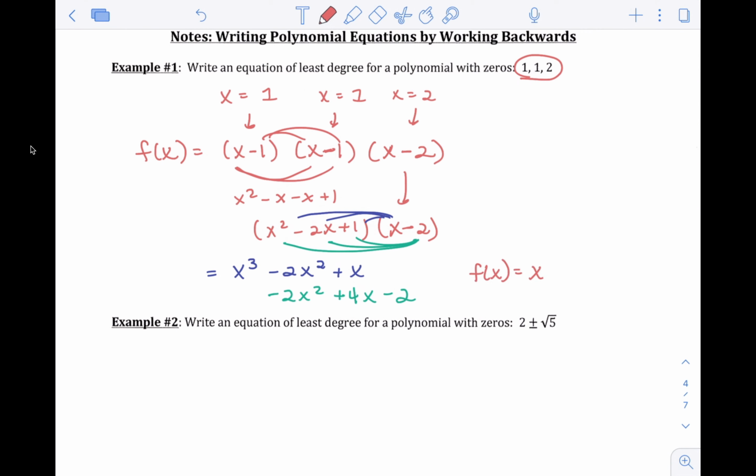So your final answer will be x cubed minus 4x squared plus 5x minus 2. Take the zero, put it back where it came from as a factor, and big FOIL. That's it. It's going to get a little bit more complicated, so I guess I should say that was it for that example.